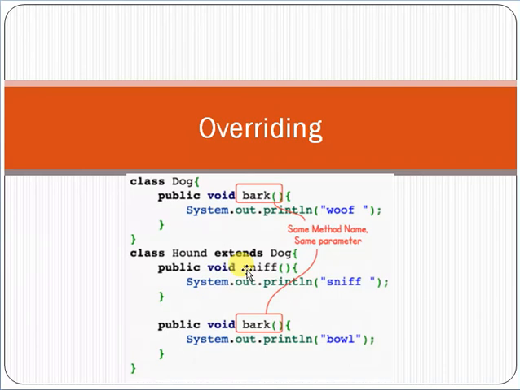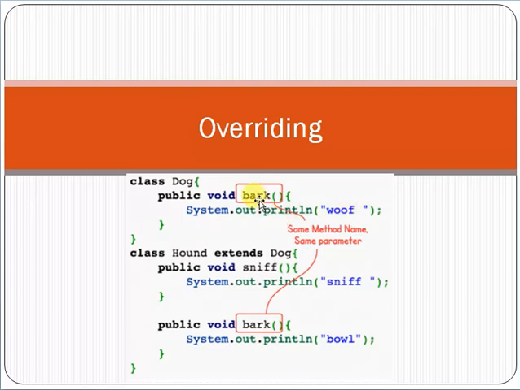So here, if you talk about overriding, overriding means the same method name with the same parameter, but it will be extended. See, the bark method here has no parameter and it is printing woof.